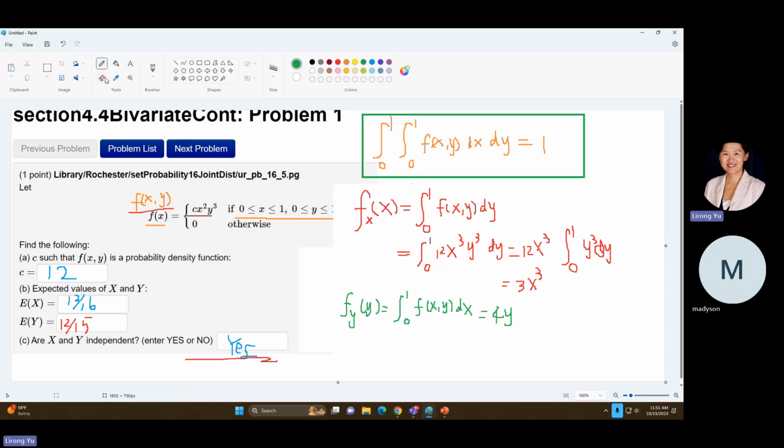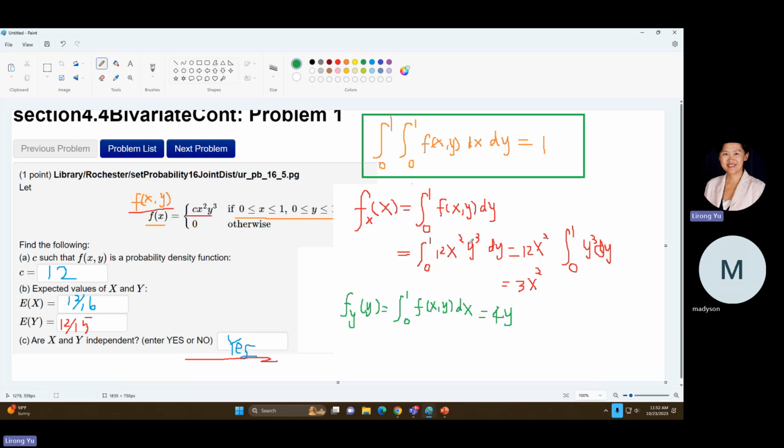I copied the wrong coefficient. It's 12x squared, right? That was supposed to be a square. X squared y cubed. I have the wrong coefficient. So if we integrate 12x squared y cubed dx, the x will be integrated.